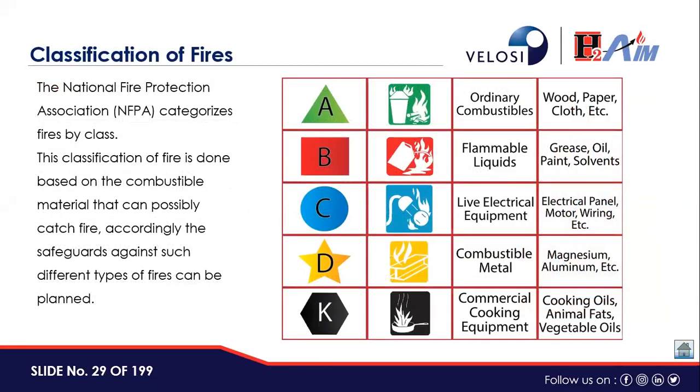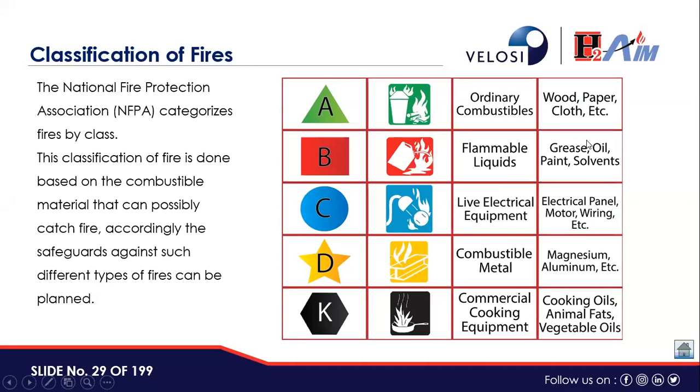Now, there are various kinds of fire categories. As per NFPA, we call them fire classes, like class A, class B, class C, class D, and class K. For ordinary combustible materials, there is class A, where fires are started from wood, paper, cloth.